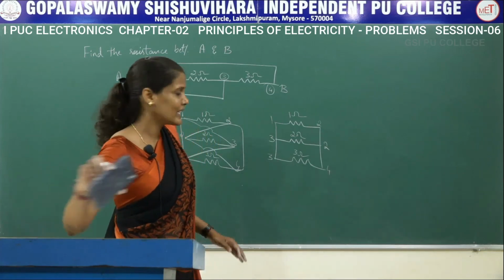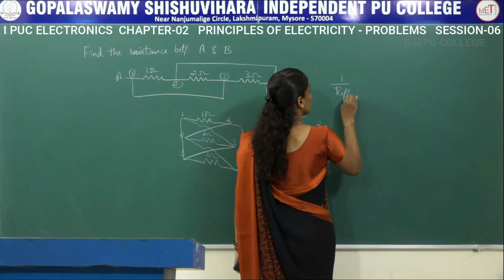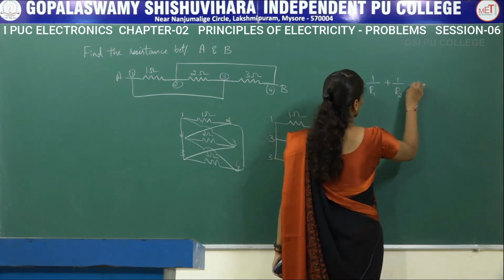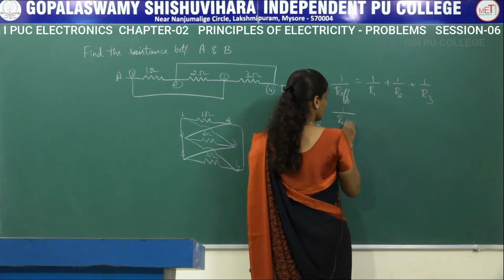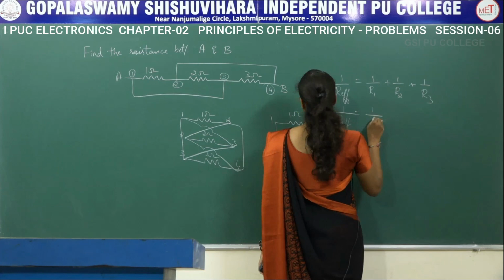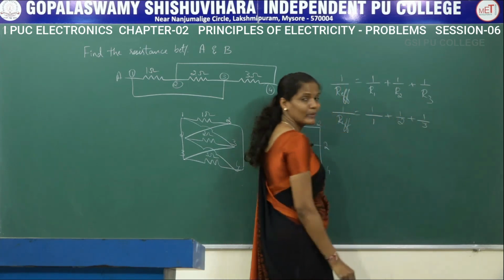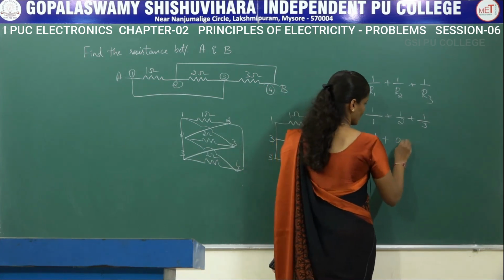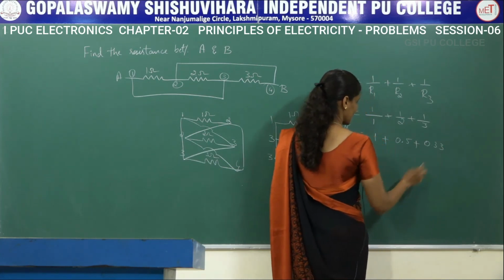If 3 resistors are connected in parallel, 1 by R effective will be equal to 1 by R1 plus 1 by R2 plus 1 by R3. So 1 by R effective is equal to 1 by 1 plus 1 by 2 plus 1 by 3. 1 by 1 is just 1, 1 by 2 is equal to 0.5, plus 1 by 3 is equal to 0.33.